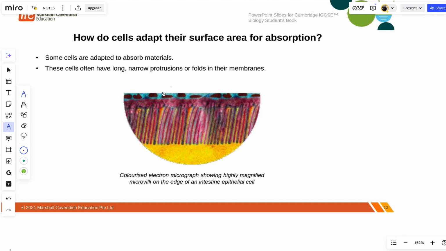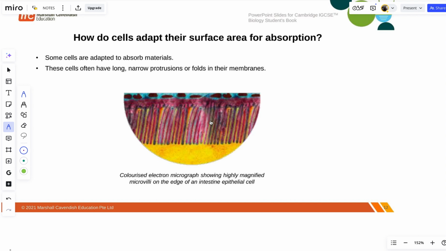What you see is a colored electron micrograph, highly magnified, showing microvilli. Microvilli are the absorption area in the small intestine into the bloodstream, showing how digested food is absorbed into the bloodstream.